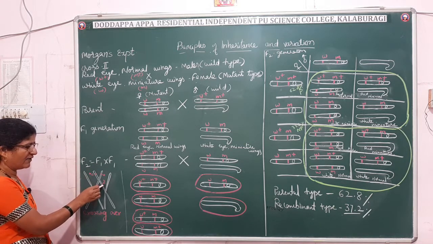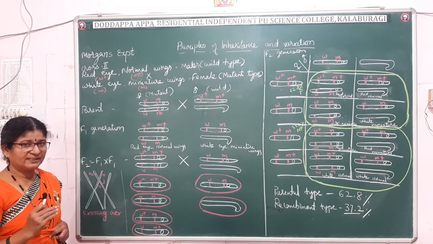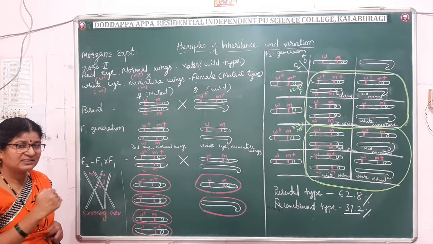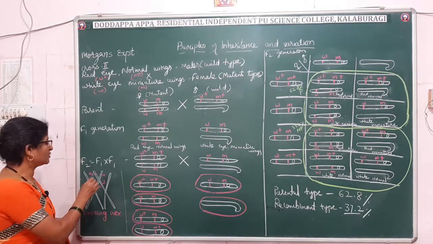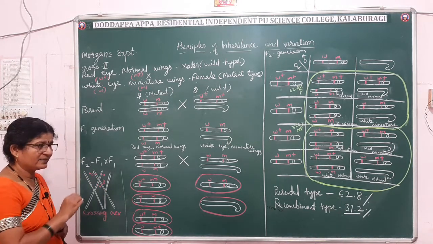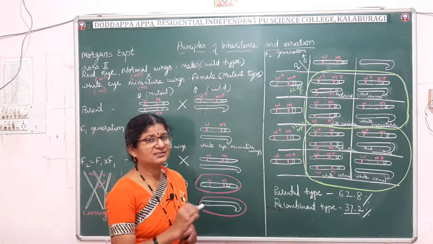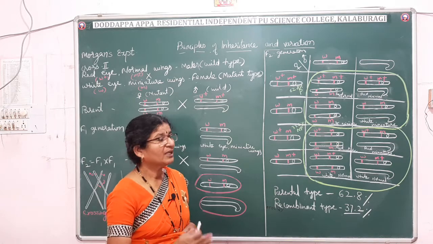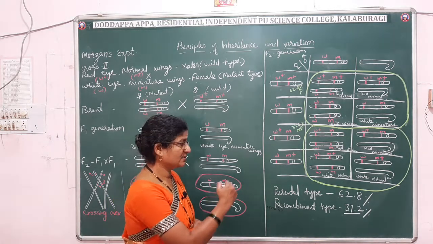Because they are located far apart, the chromosomal crossing over, that is chiasmata formation, will take place between these two genes. So the chances of separation of these two genes are more. Hence, the appearance of non-parental characters in the progenies is more.